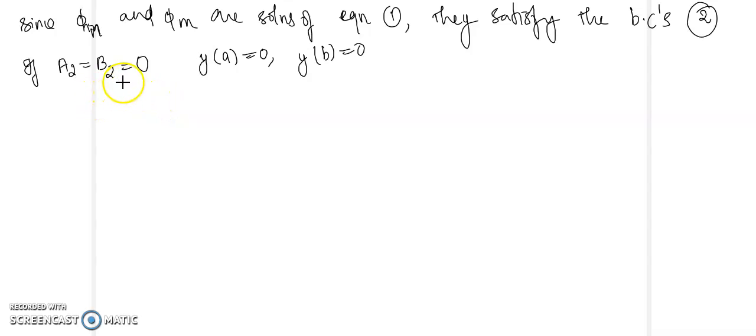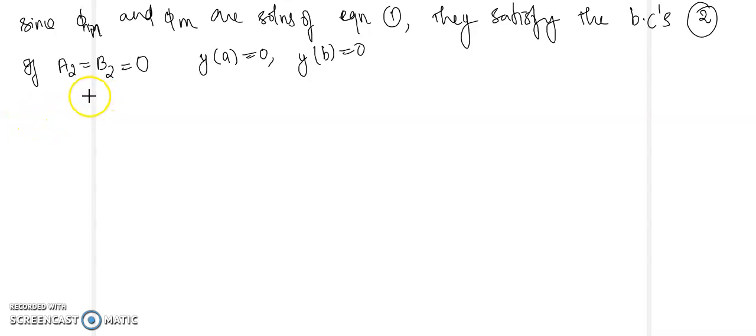So if A2 and B2 both are 0, our supplementary equation, the boundary conditions, will reduce to y at A equal to 0 and y at B equal to 0.